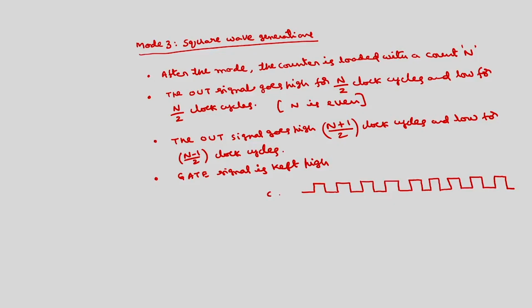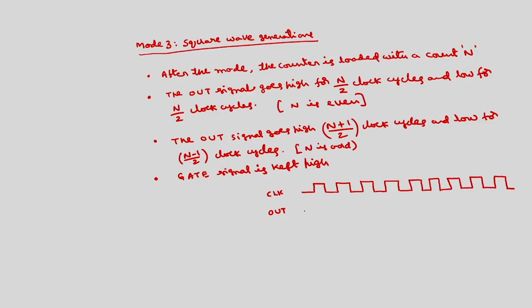This is the clock signal. Then the out signal will be high for n by 2 clock cycles and low for n by 2 clock cycles in case n is even, whereas in case n is odd, high for (n plus 1) by 2 cycles and low for (n minus 1) by 2 cycles.